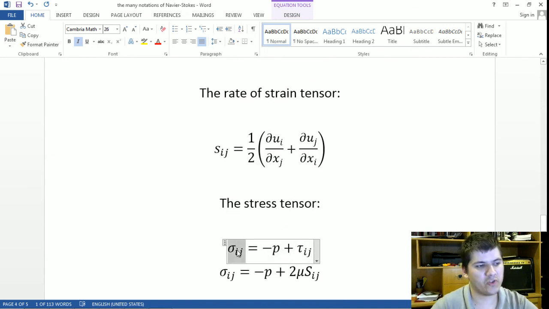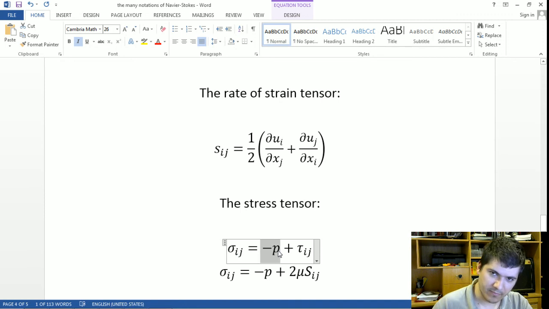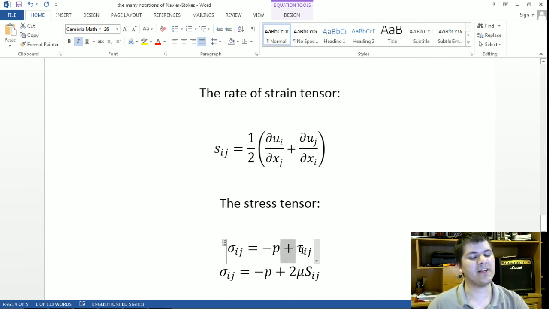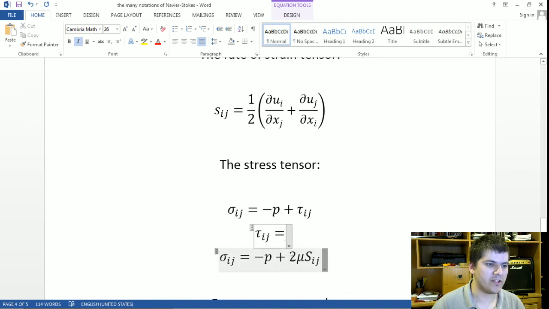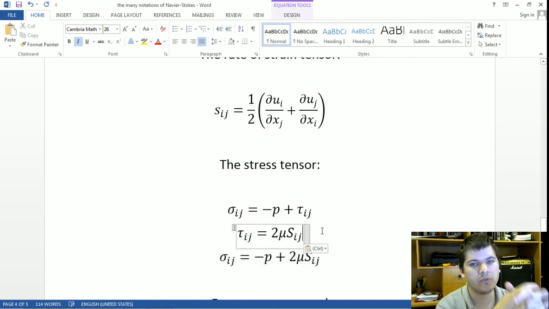We can write the total stress acting on a fluid, or the total force per volume acting on a fluid, as the pressure force plus a shear stress. On this shear stress, we will use our constitutive relation, which is Newton's law of viscosity, which can be written in this form. So tau_ij is equal to 2 times the dynamic viscosity times the rate of strain tensor.